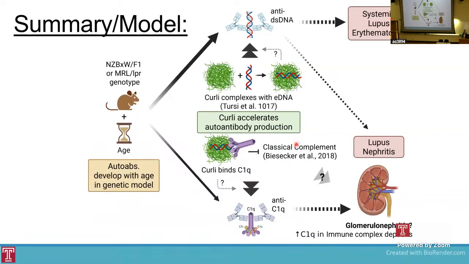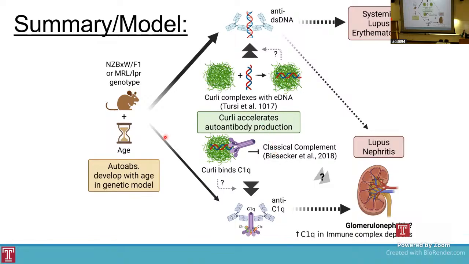And so in summary here, we have our genetic models of lupus, NZBW or MRL-LPR. With age, they're going to develop these anti-double-stranded DNA and anti-C1q antibodies. But with Curly treatment, and in this case we were just doing IP injections, so not even looking at infection, you can accelerate the induction of these anti-double-stranded DNA in these models, although if they are already having high levels, it doesn't matter so much that they get the Curly.